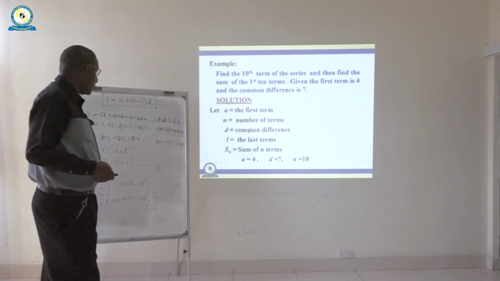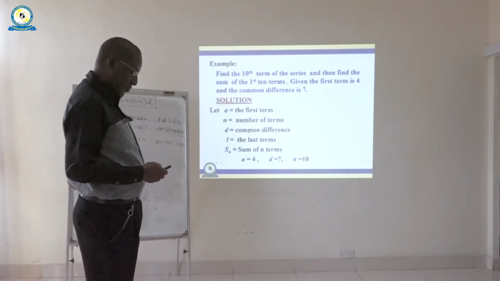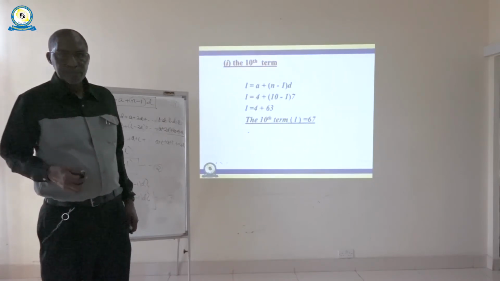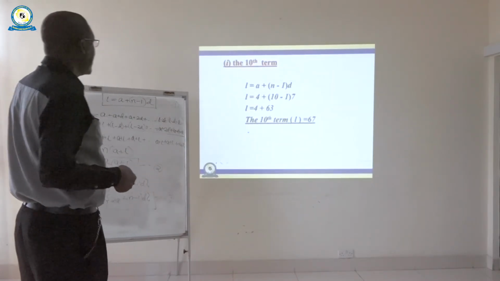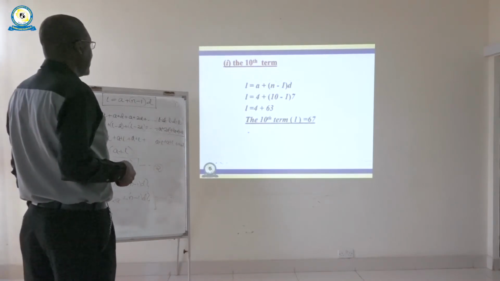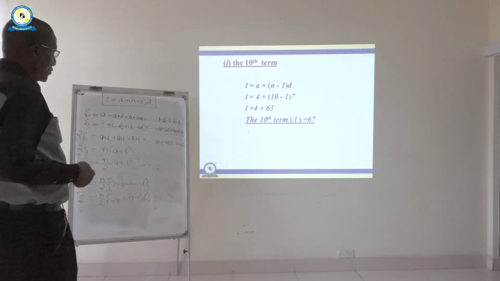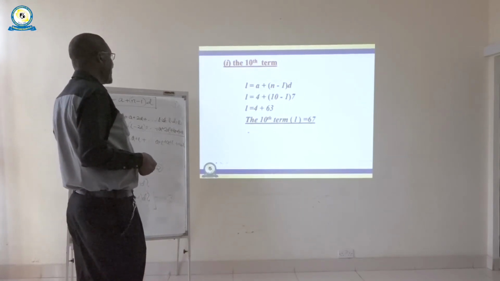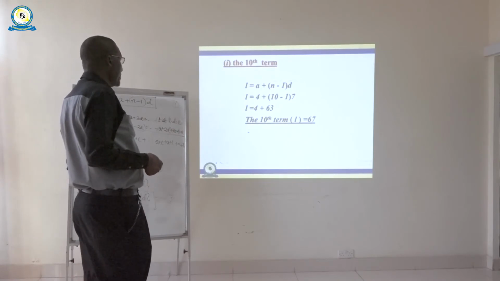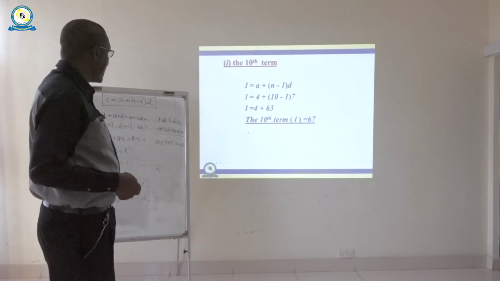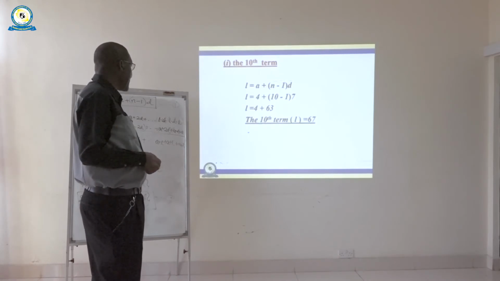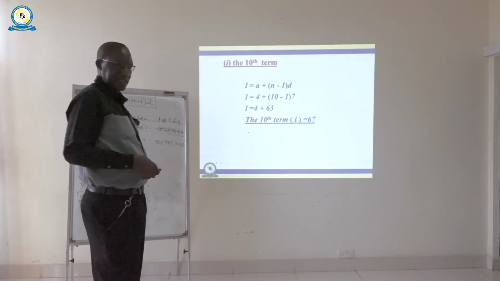Given A equals 4, D equals 7, and N equals 10. For the 10th term, L equals 4 plus 10 minus 1 times 7. We get 4 plus 63, so the 10th term will be 67.